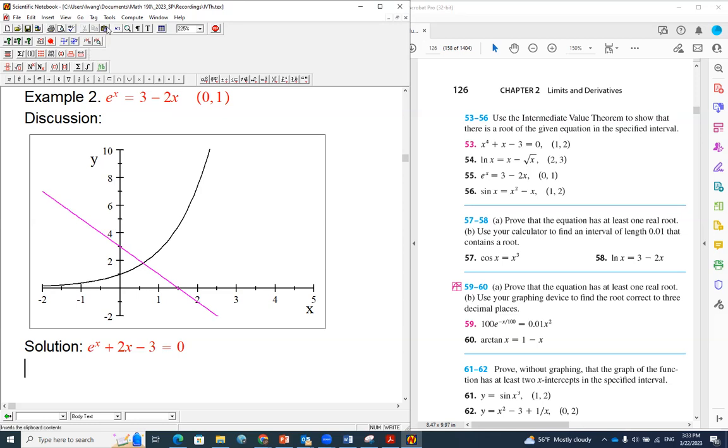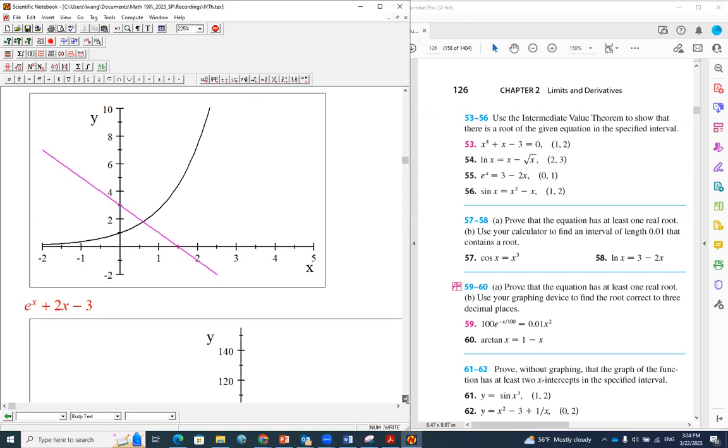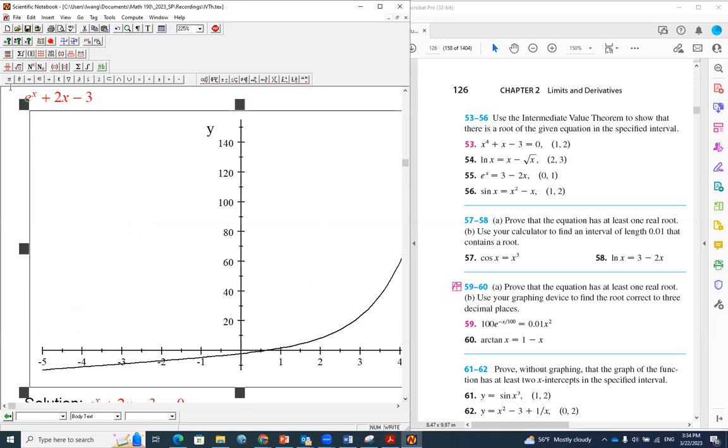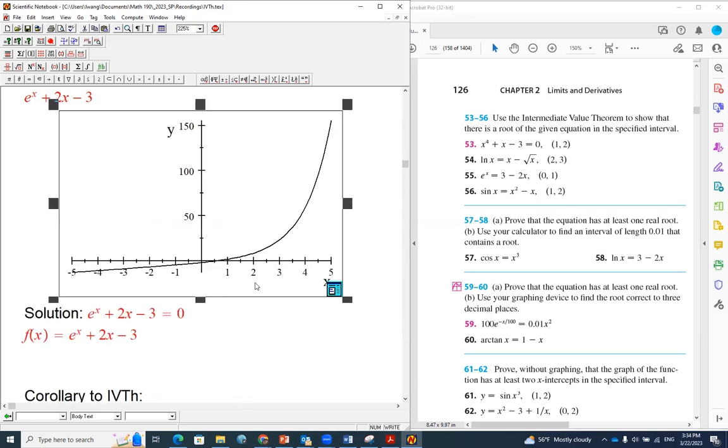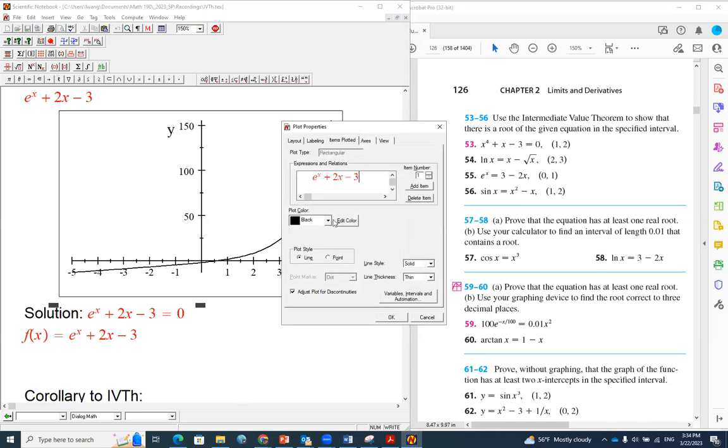Typically you don't need to do this, but I just want you to understand this transformation has some real meaning graphically. So if I draw this picture, it certainly is a new function.